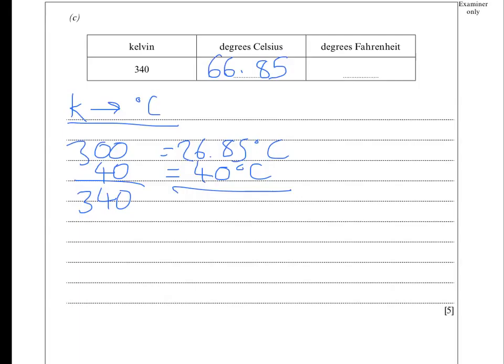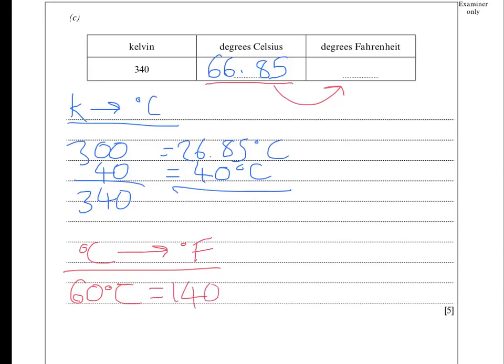66.85. Now Celsius into Fahrenheit isn't quite as easy, so we know that every 10 degrees up we go for Celsius, the degrees Fahrenheit goes up by 18 degrees. So we want 66.85 into degrees Fahrenheit. Now we know that 60 degrees Celsius, from our table, is 140 degrees Fahrenheit. So we need to work out what degrees of Fahrenheit we need to add on for 6.85 degrees Celsius.